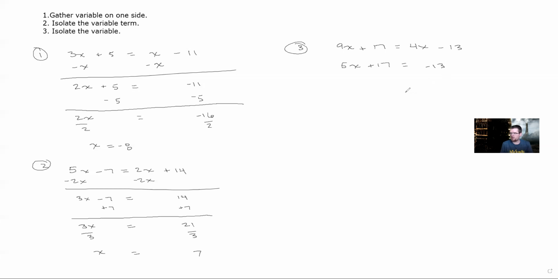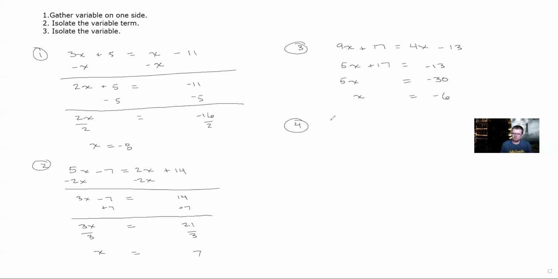And then isolate the variable term. I would subtract 17 on both sides. And then isolate the variable, divide by 5. The answer is negative 6. And of course, just like in 10.2 and 10.3, if you want to check your answer, you can plug that in and verify that both sides are equal.